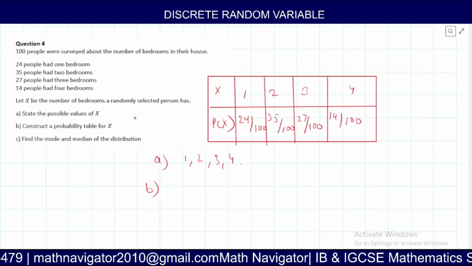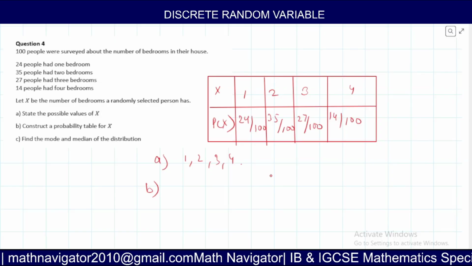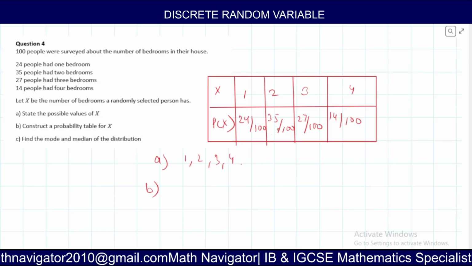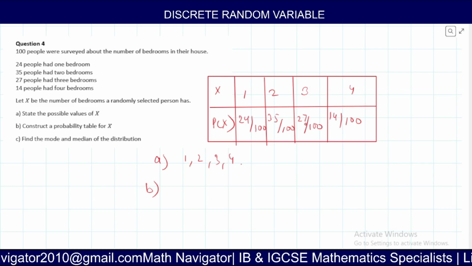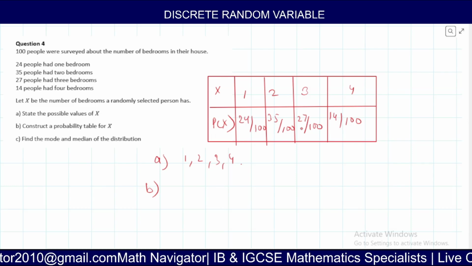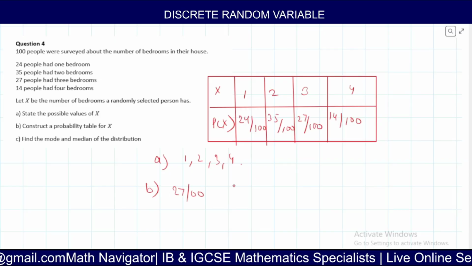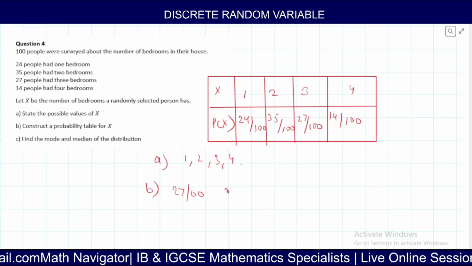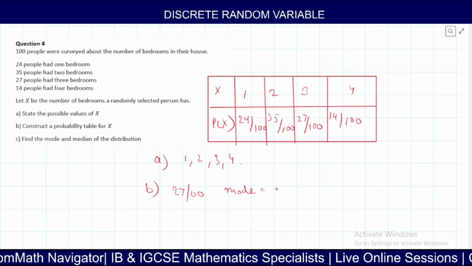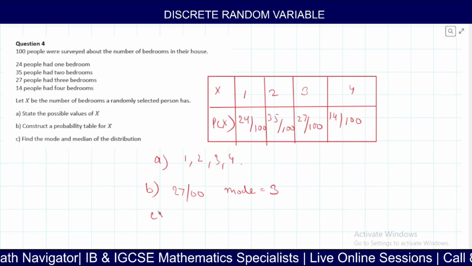So mode is the highest possible frequency, right? So highest possible frequency is, as I can see, 27 over 100. So mode is equal to 3. Perfect.